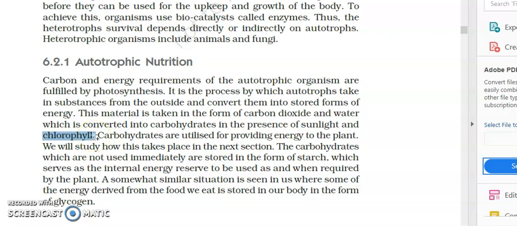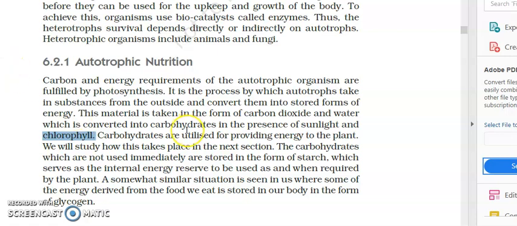Do you recall where they are present in the chloroplasts? In the stack-of-coins-like structures called grana, singular granum, which are made up of membranous, flattened, disc-like structures called thylakoids, and it is in the thylakoids of the grana that the chlorophylls are present.